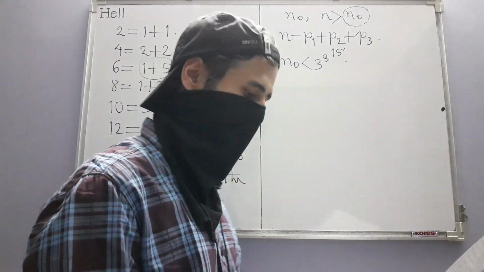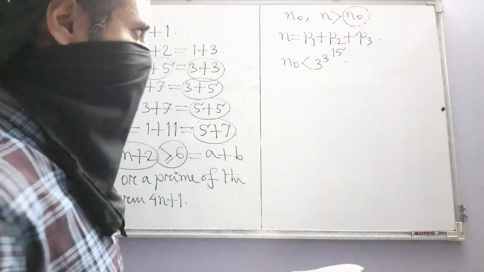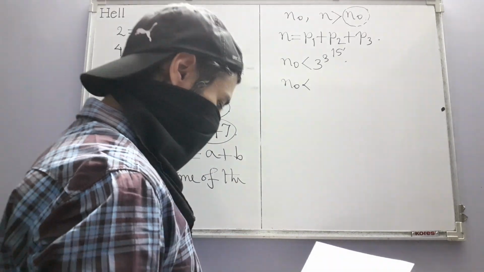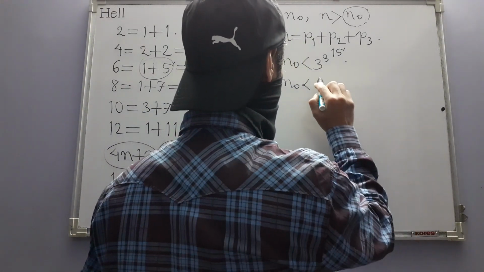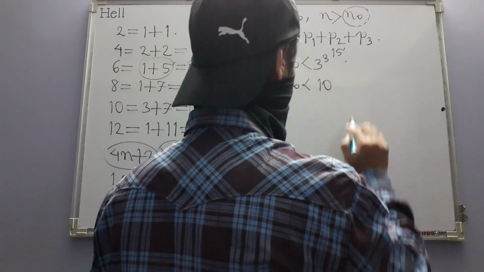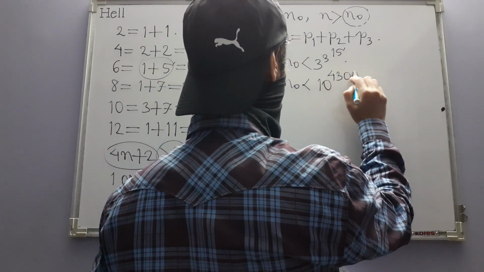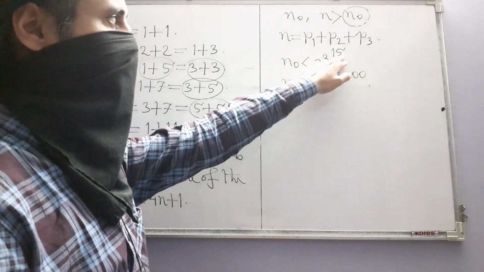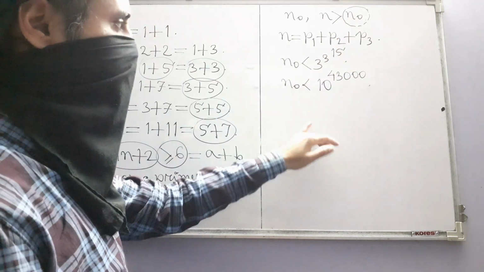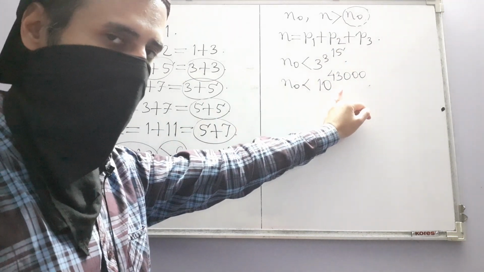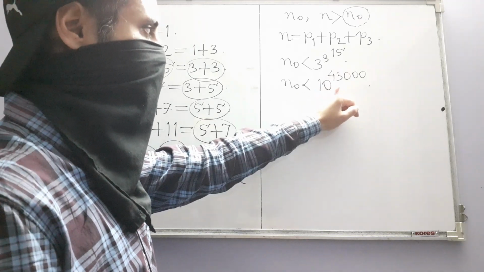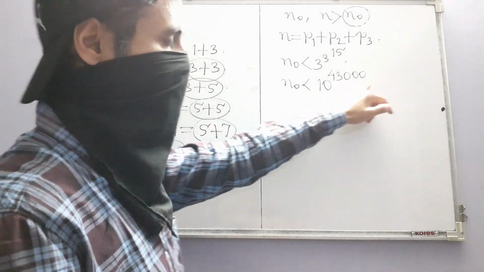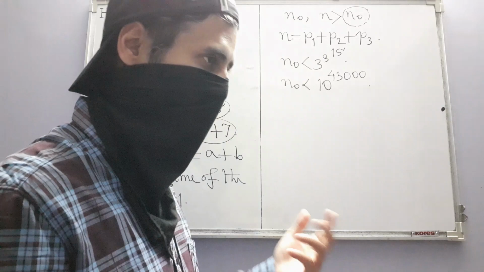This bound itself was later improved, if I want to call it an improvement, to this, which still is extremely large. We cannot express how large this 3 to the power 15 itself is, but this is an improvement over that. However, do you see how large this one is? It is 1 followed by 43,000 zeros. N naught should be less than that.